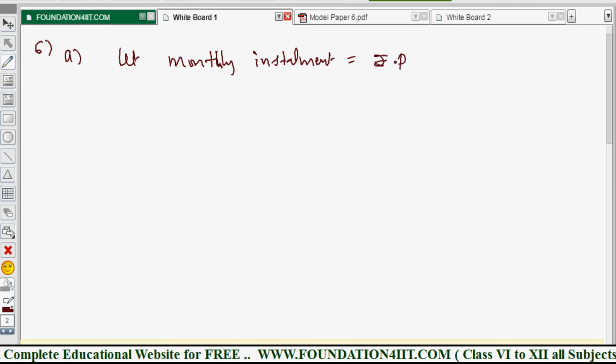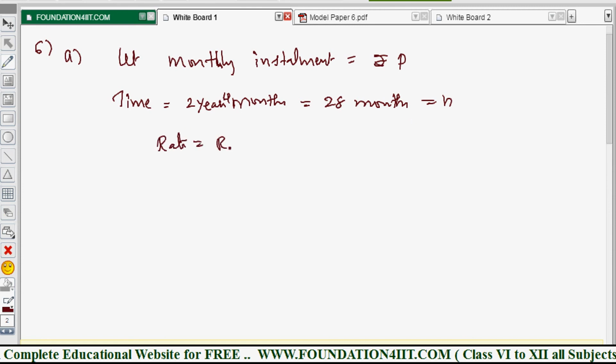That is rupees P. Then the time is given: 2 years 4 months. 2 years is 24 plus 4, total 28 months. So it will be n. So n equals 28. And the rate of interest is given, that is R, 8% per annum. Rate of interest is always per annum only.